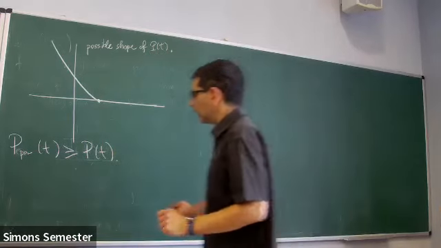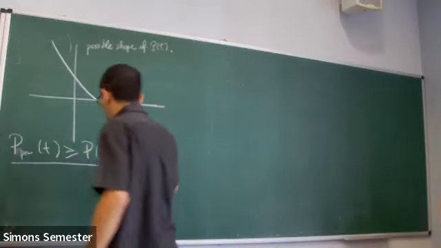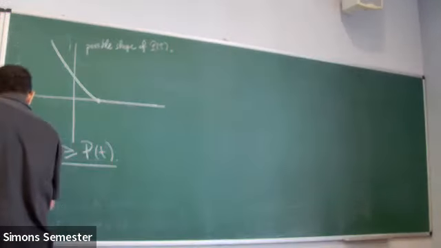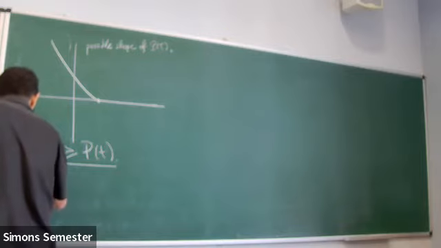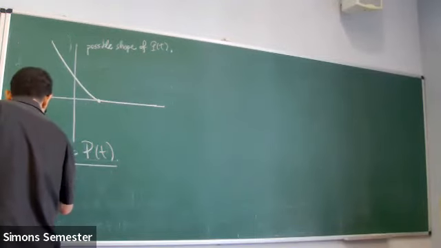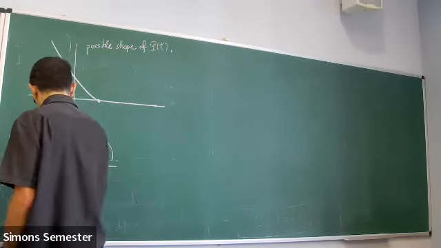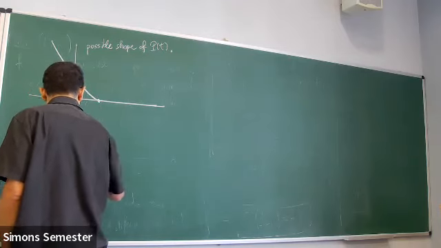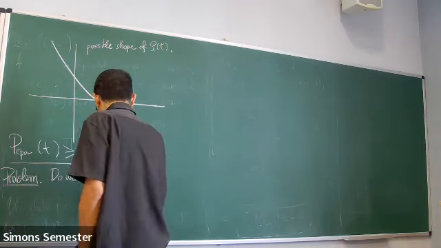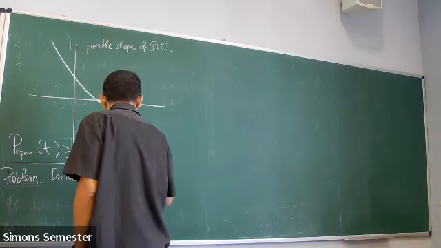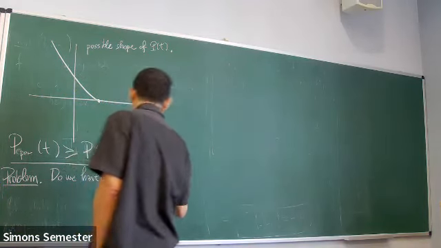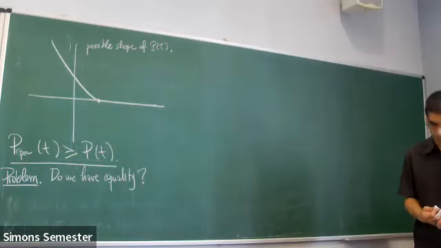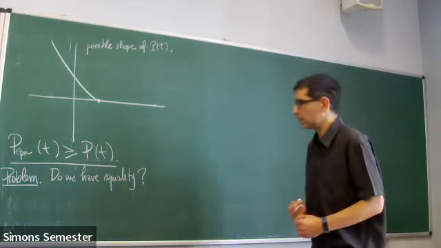So, for example, open problem, so prove... we don't know whether for a general rational map we have equality.